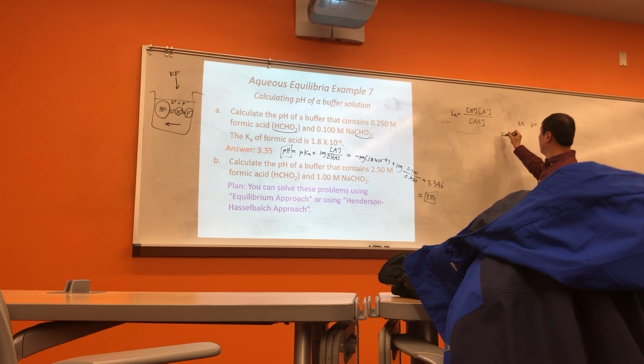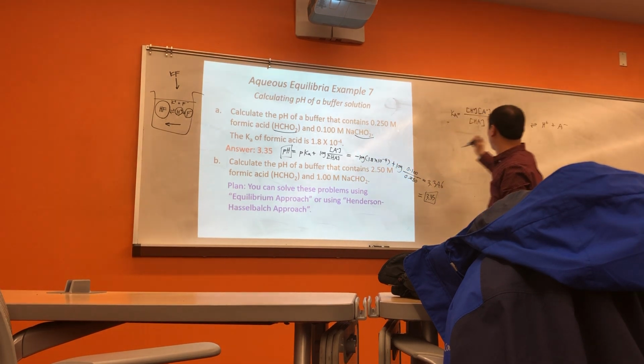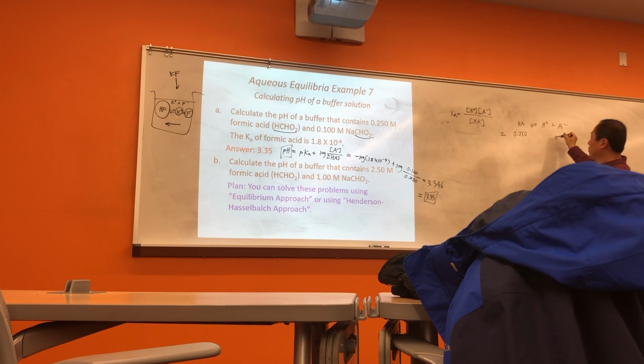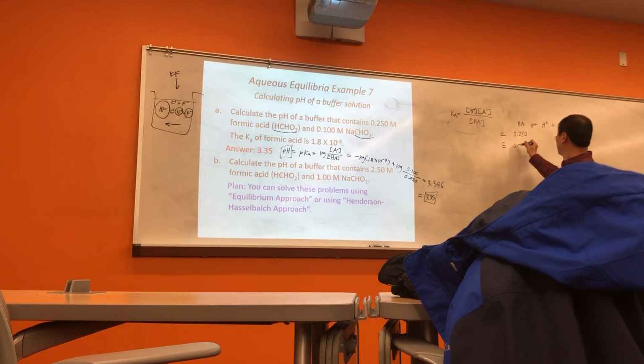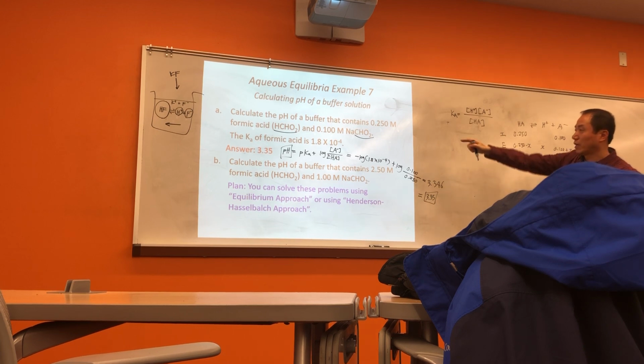Initially, we have 0.250 for HA, and the conjugate base as 0.100. So at equilibrium, therefore the Ka value for that is 1.8 times 10 to the minus 4.